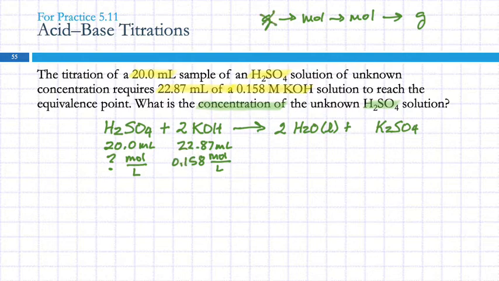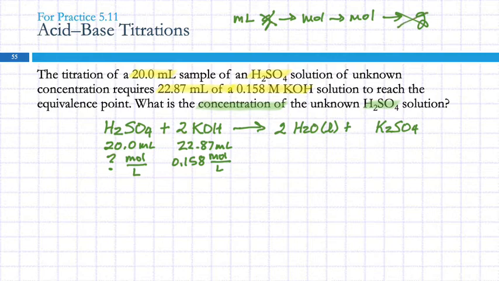So that's not mass, it's going to be volume in milliliters. And then we're trying to find moles per liter. Well, that can get to moles. We don't need grams. But how are we going to get to molarity then?